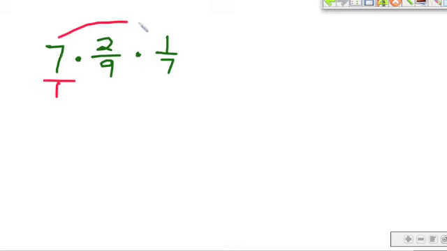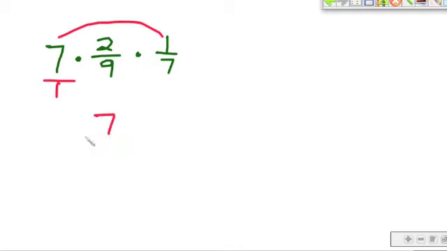Okay, let's try one with a fraction, since fractions always seem to give you guys a hard time. So we have 7 times 2/9 times 1/7. Now remember, when multiplying, you do not need common denominators, so that's kind of cool. We can just leave that alone. So what two can I multiply right away? Well, technically, this 7 is like 7 over 1. So let's combine these two together.